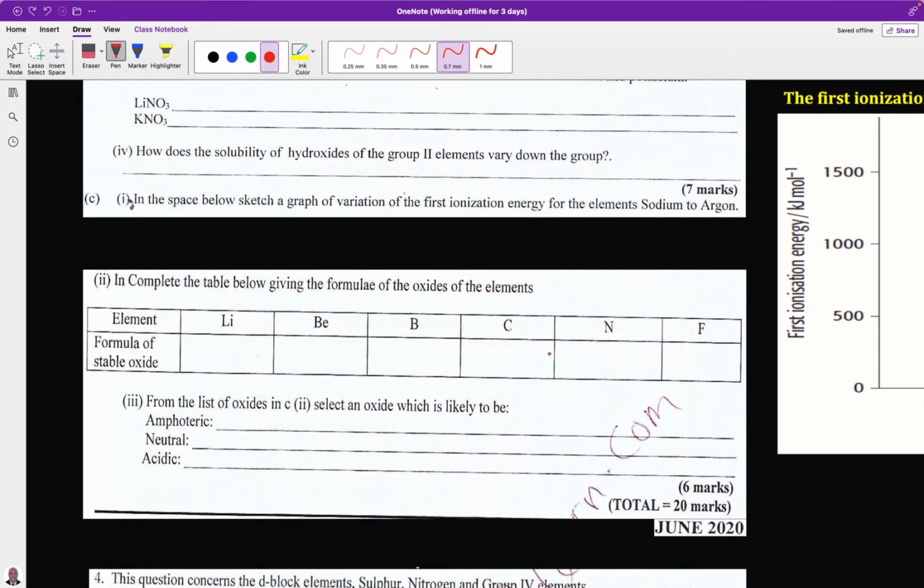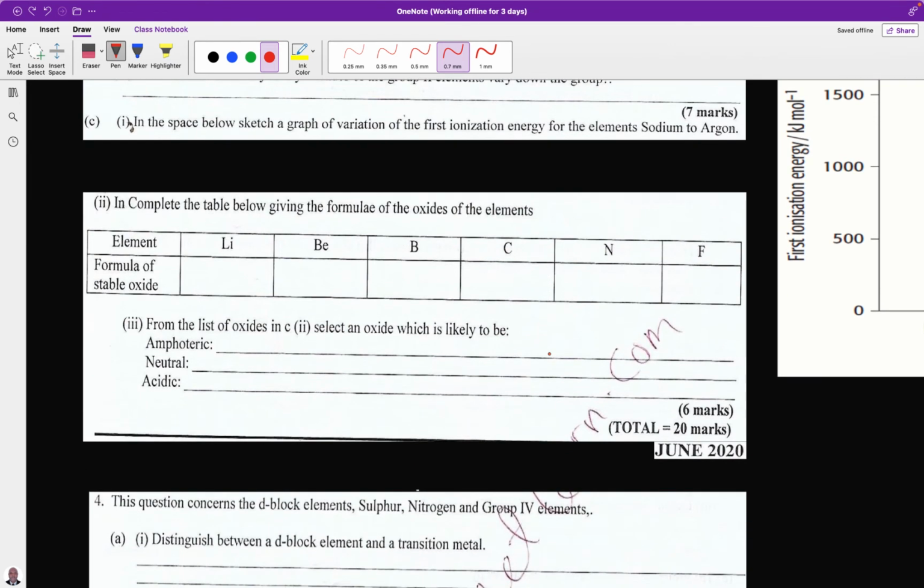Now, complete the table below, giving the formulae of the oxides of the elements. These are the elements, formula of stable oxides. For lithium, we will have lithium oxide, something like Li2O.